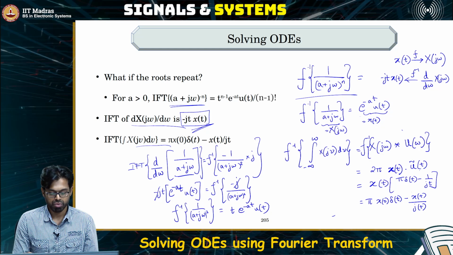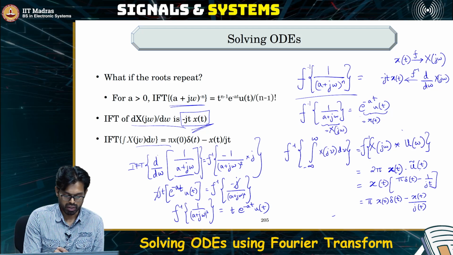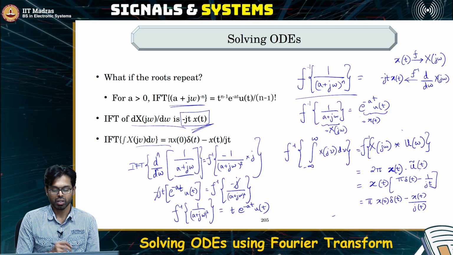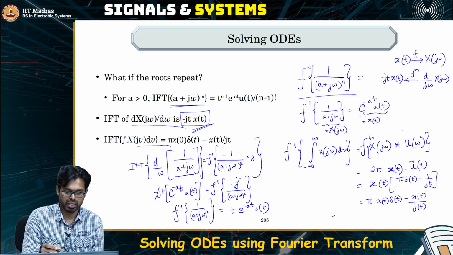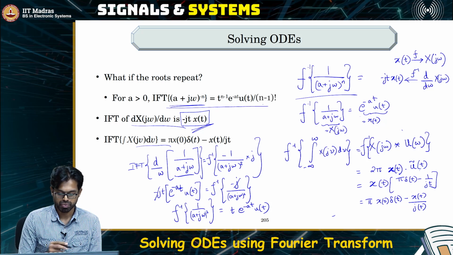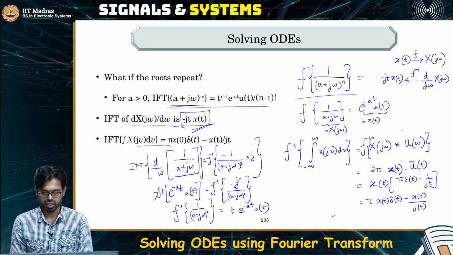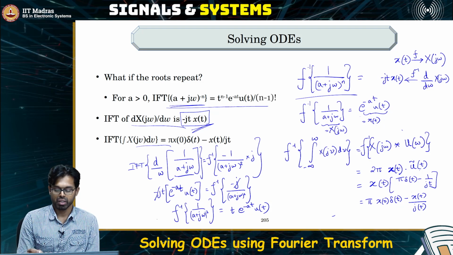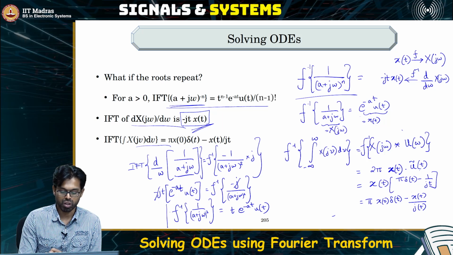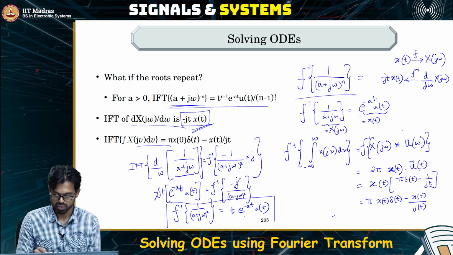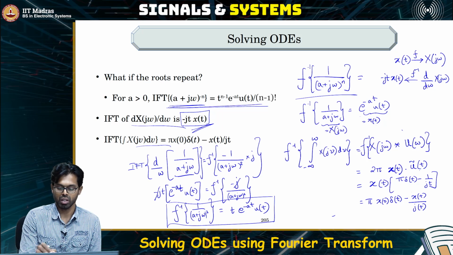Now we can do this for any nth order derivative like this. So if you do that for any nth order derivative, the general formula that we get is here. So even if our roots repeat in computation of the partial fractions, we can still find out the inverse Fourier transform using these properties. All you have to do is just remember this, okay, or this.